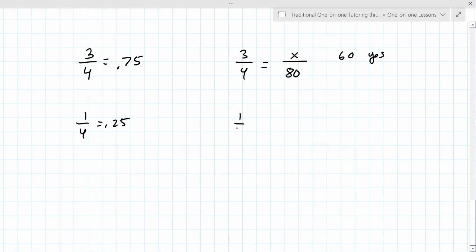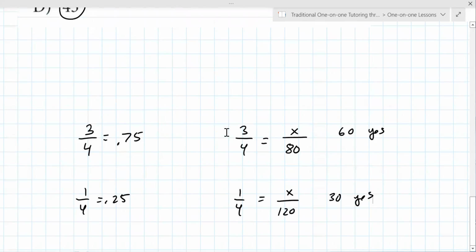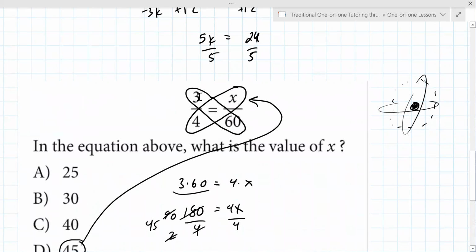So if I want 1/4 and it's x over, I don't know, let's go 120, you may be able to think of a number that goes into 120 4 times. 30. Yes. Okay, so sometimes you don't want to do this diagonal multiplication because it does take longer. Yeah, it does take longer.